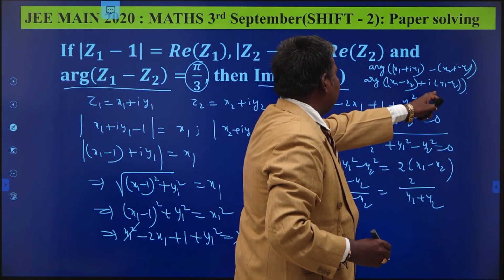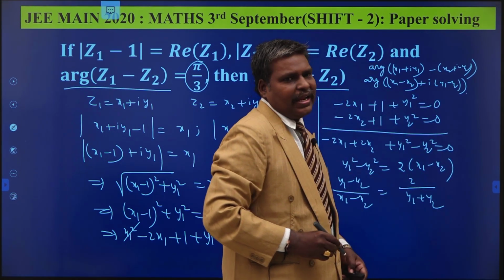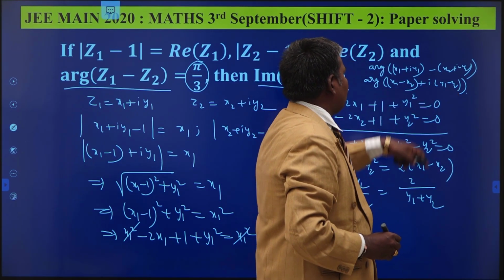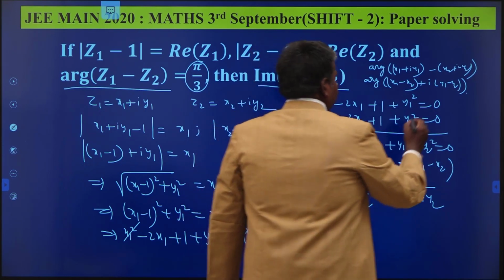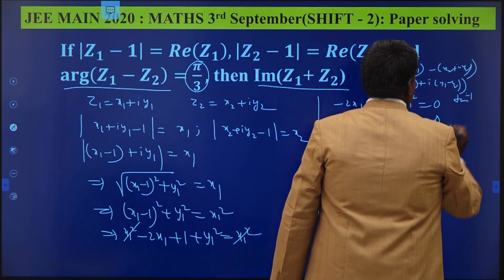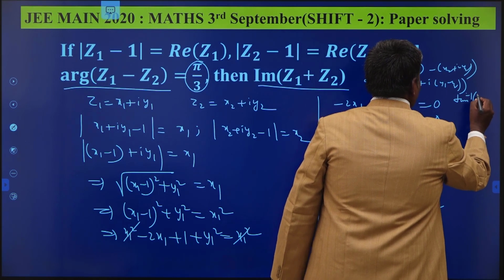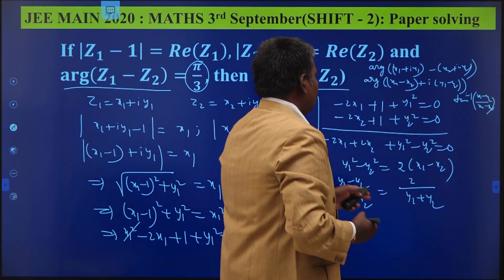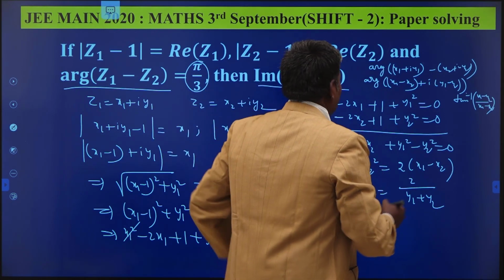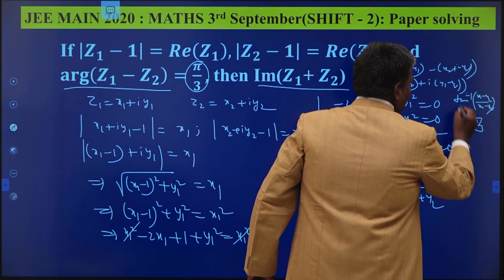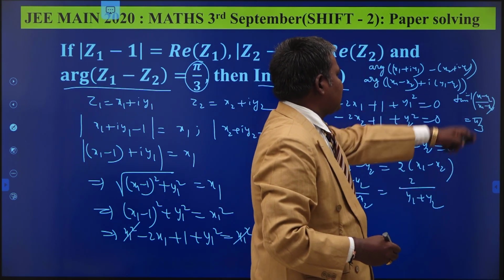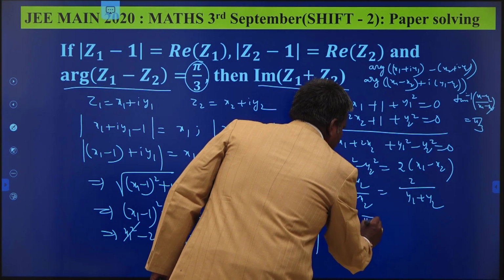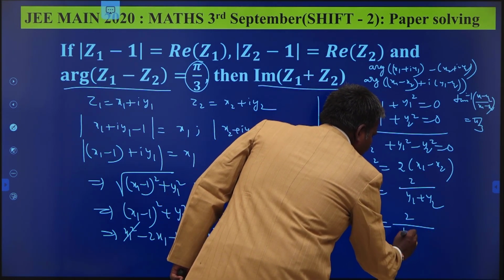That is nothing but tan inverse of b by a, that is (y1 minus y2) by (x1 minus x2). So the argument is tan inverse of (y1 minus y2) by (x1 minus x2). What is given to you is pi by 3. So tan pi by 3 is nothing but (y1 minus y2) by (x1 minus x2). So tan pi by 3 is equal to 2 by (y1 plus y2).